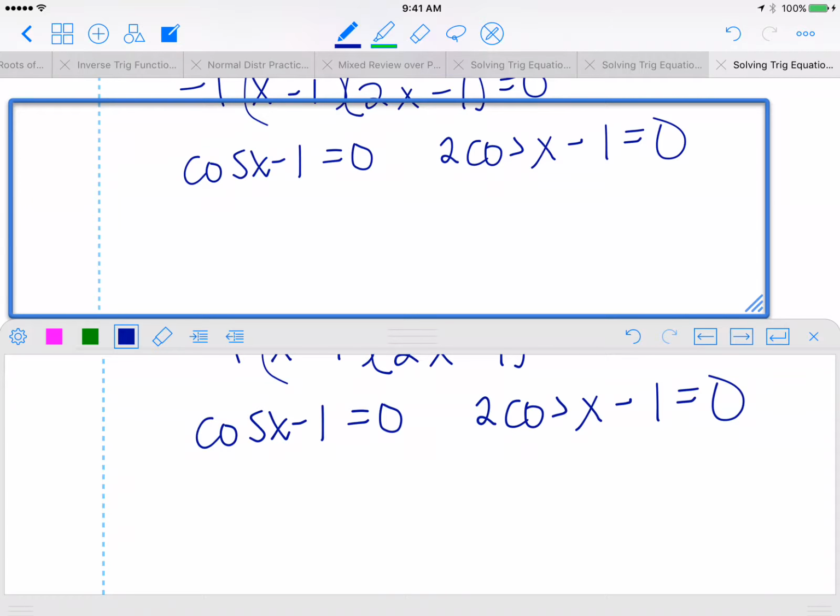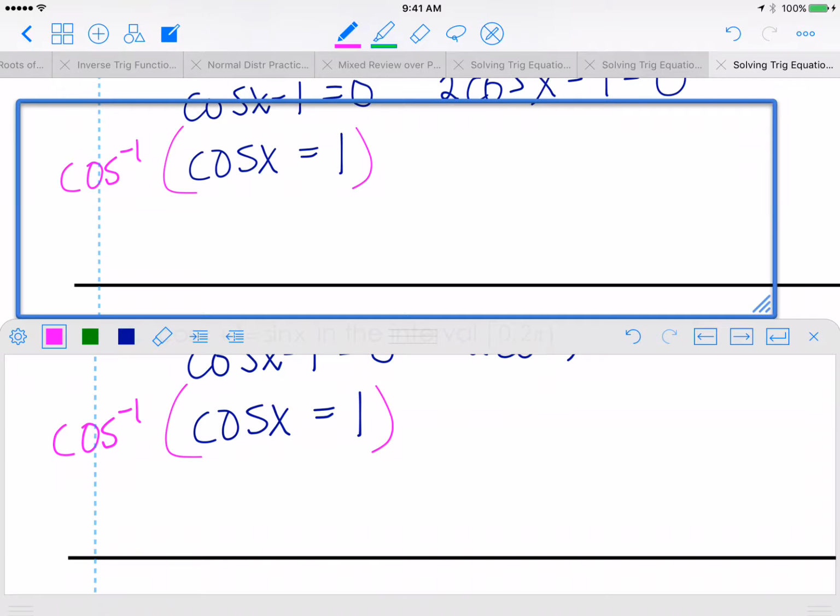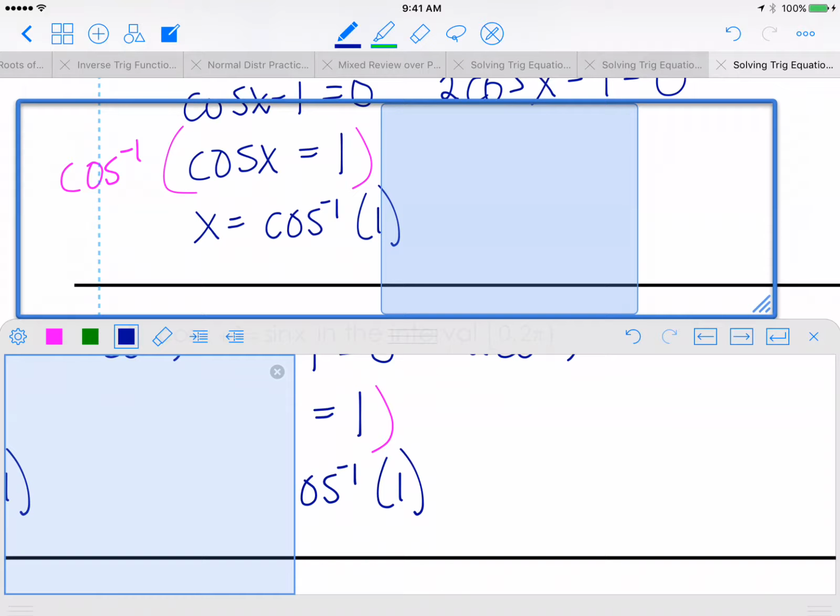Okay, now we're just solving these. So same thing we've been doing. Let's add the 1 over. Then let's multiply by the inverse of cosine. So we get x is equal to inverse of cosine of 1.